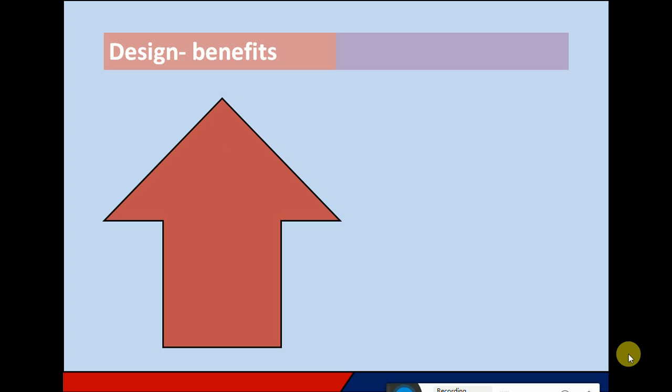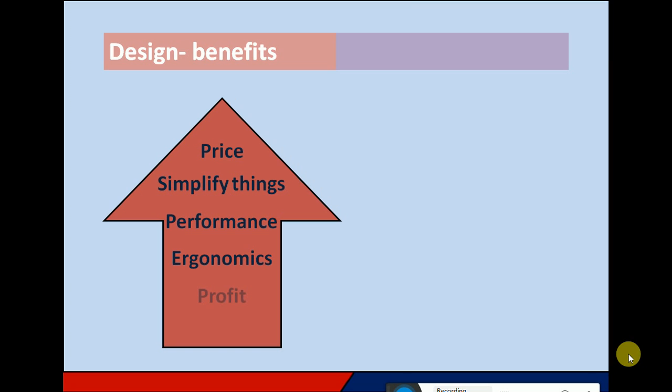Benefits: sometimes design helps in increasing the price of the product, or sometimes simplifies things. Sometimes it helps in improving the performance. Also, ergonomics can be improved, profit can be increased, sale can be increased.